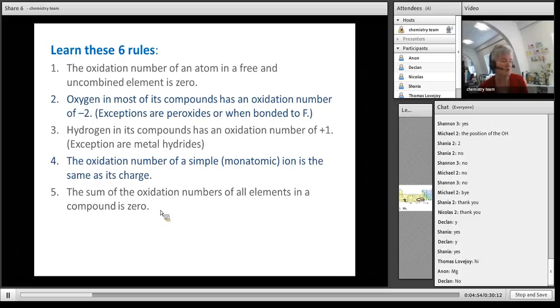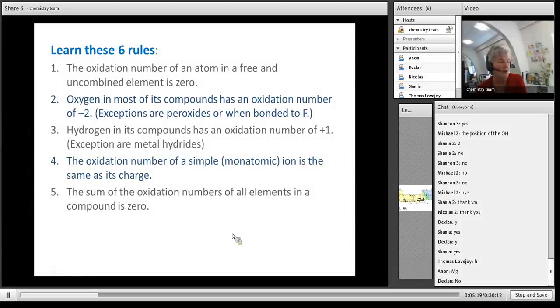So when you're trying to work out oxidation numbers, this is a good rule to use. So NH3, what is the oxidation number for nitrogen in NH3? You'd have to apply this rule. NH3 is neutral, so the sum of the nitrogen oxidation number plus the 3 hydrogens, which according to rule 3 is plus 1, has to equal 0.